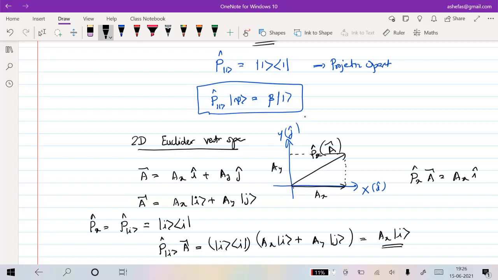And similarly, if Py acts on the vector A, we'll get Ay j, so that this operator will project the vector A onto the y-axis. So this example is used here to give the idea of projection. In a two-dimensional or three-dimensional vector space, we can visualize what is meant by projection.